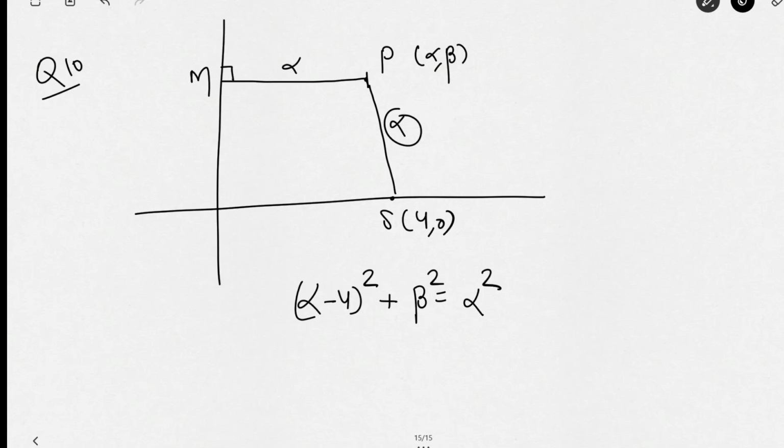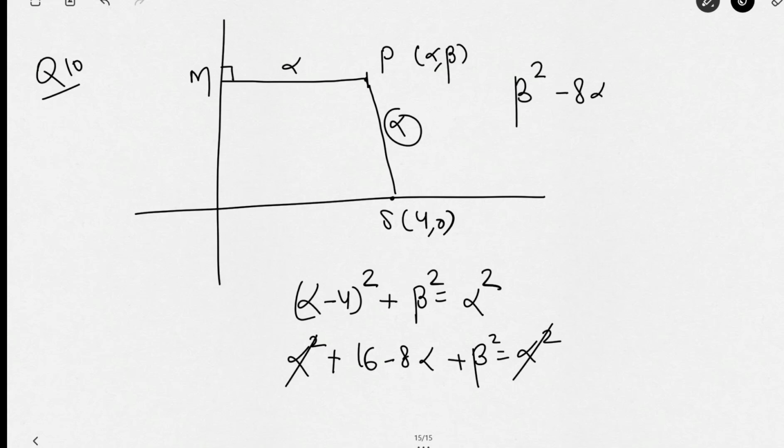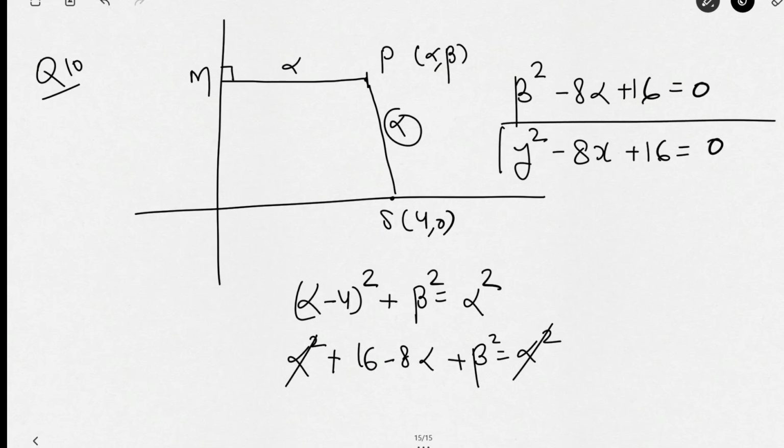We need to just substitute x and y. Alpha square plus 16 minus 8 alpha plus beta square is alpha square. This cancels out, so beta square minus 8 alpha plus 16 equals 0. Just put x and y: y square minus 8x plus 16 equals 0. This is the answer. Let's move to the next question.